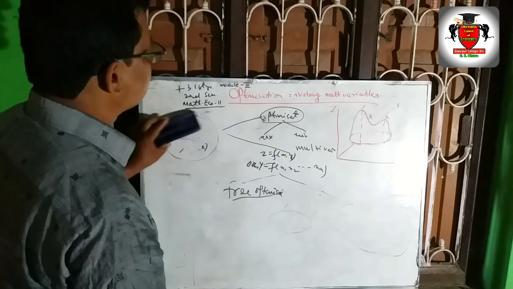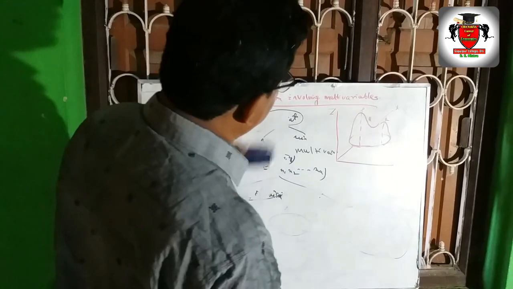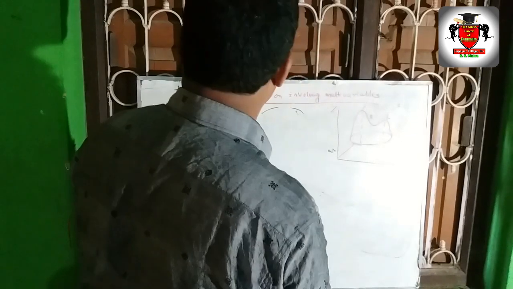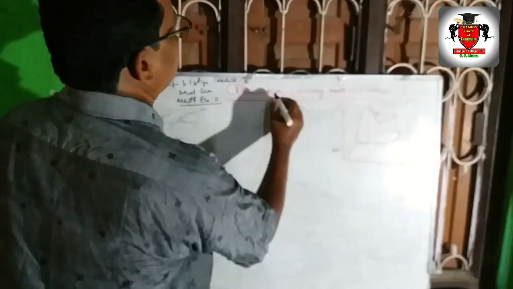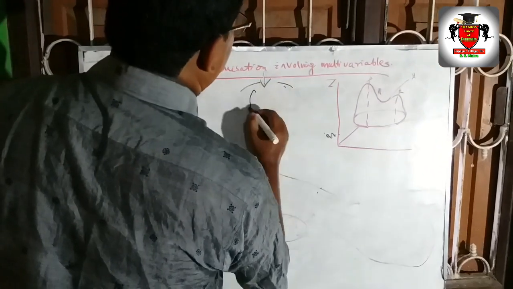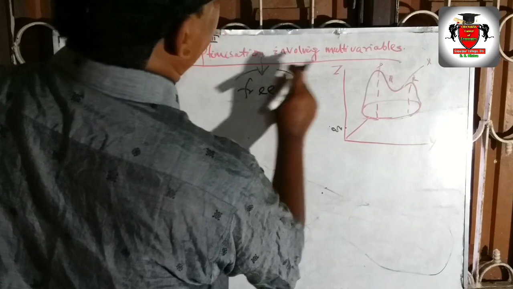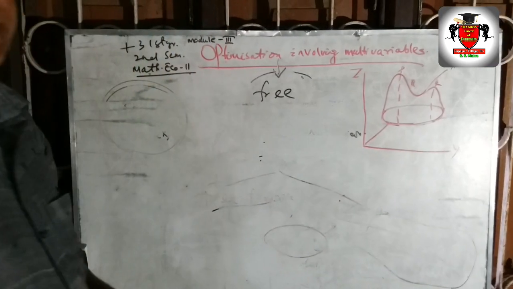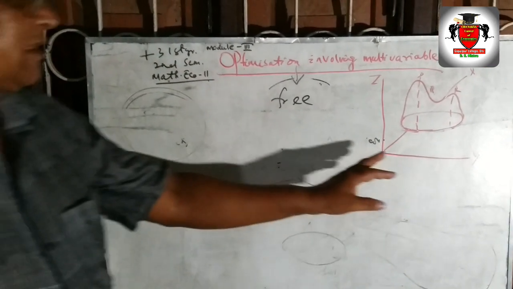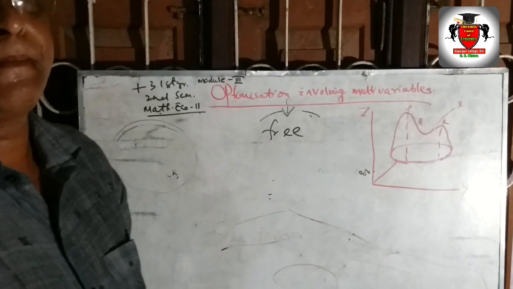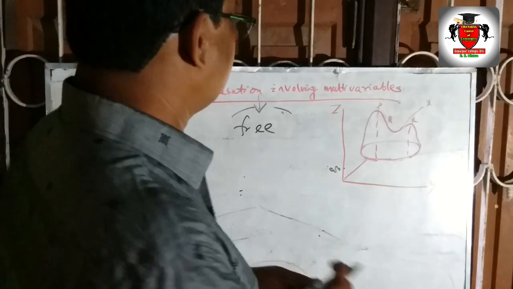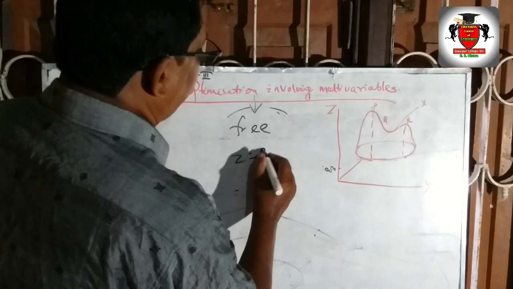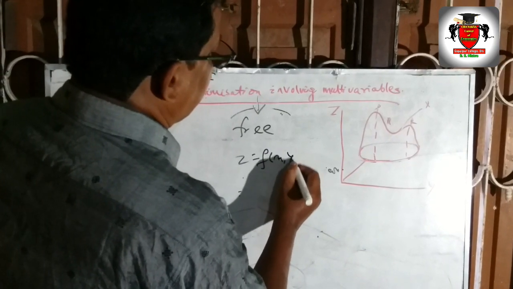We have studied this, so we are left with only optimization involving multivariable, or for convenience we will say free optimization involving multiple variables. Now this diagram is given here. X, Y, Z. So Z is a function of x, y.